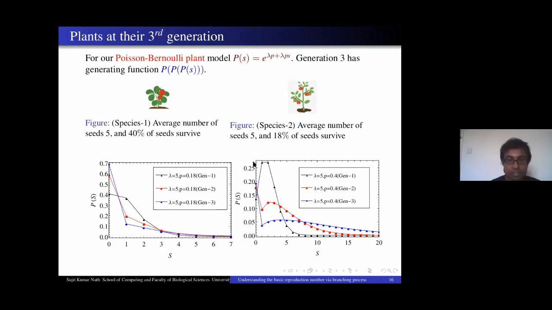So there is a difference between these two, and those two are completely controlled by these two parameters, lambda and p: the average number of seeds they produce and the probability that each seed will survive. So this is how we can compute the generation size at any nth generation.